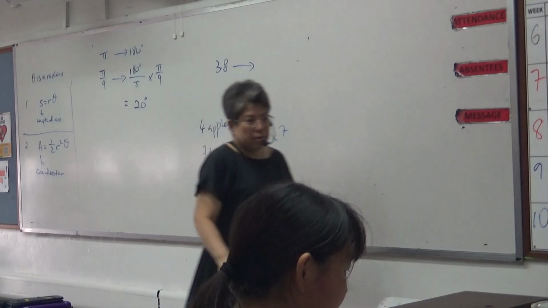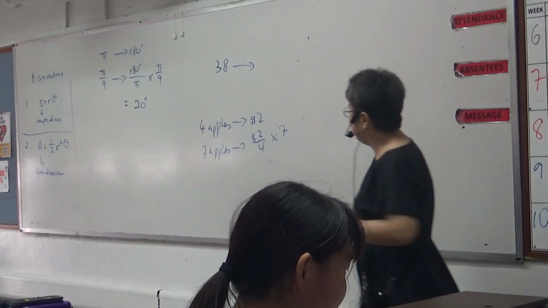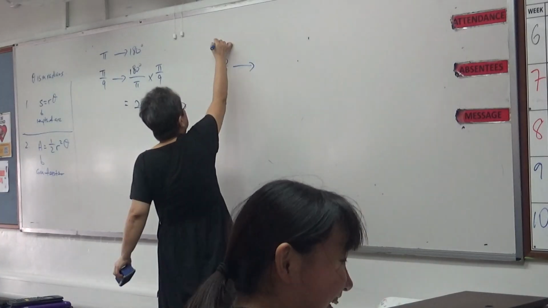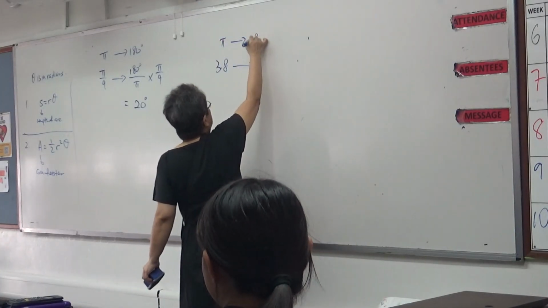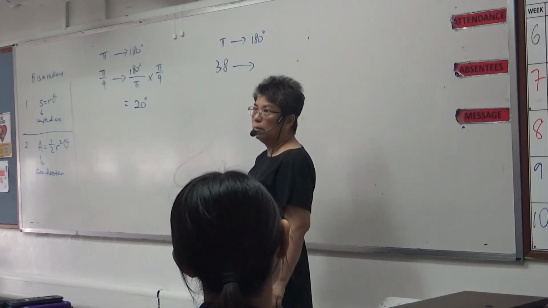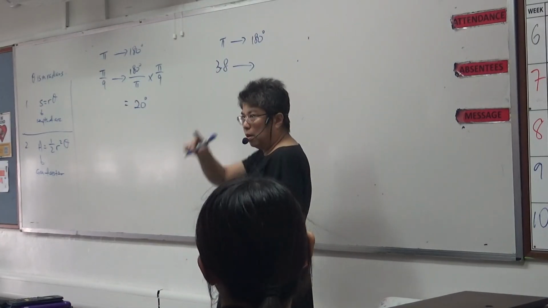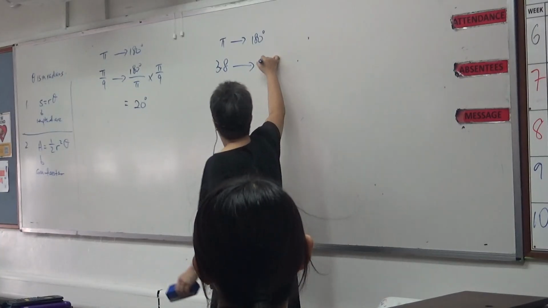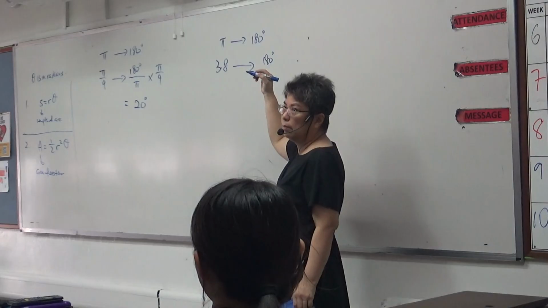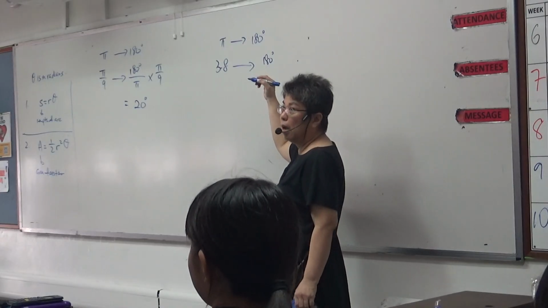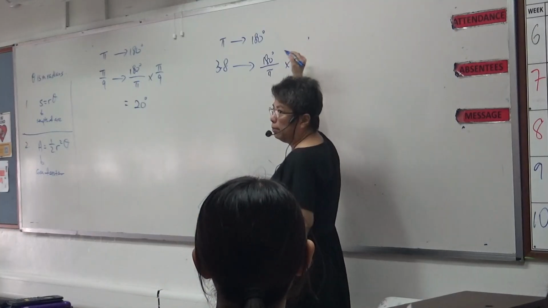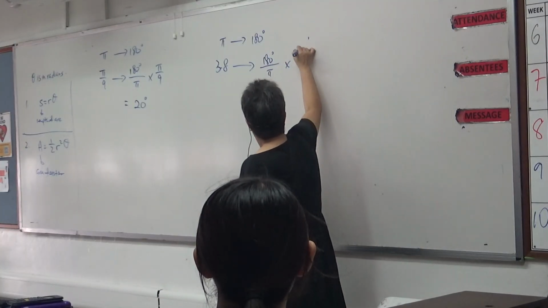Alright, next particular example, 3.8. We will write pi corresponds to 180 degrees, right? What's the next step, Marshall? You got my pi times what? 3.8.